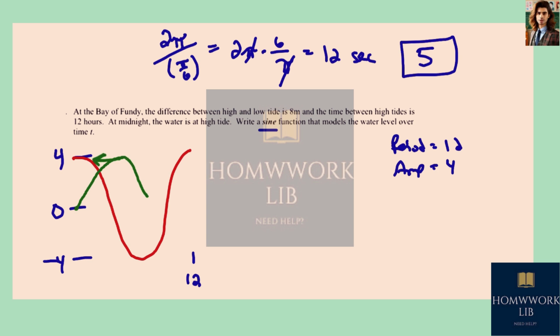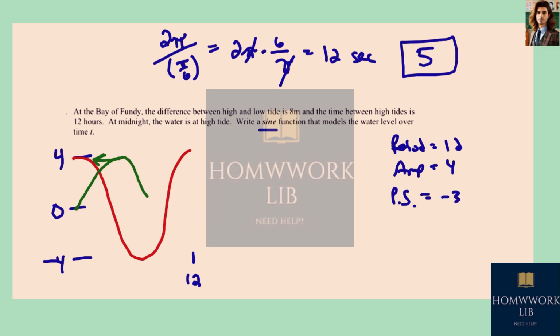So we want a phase shift. That would be a quarter of the period. So if the period's 12, we would say the phase shift is 3. Well, -3 because we're going to move it backwards.